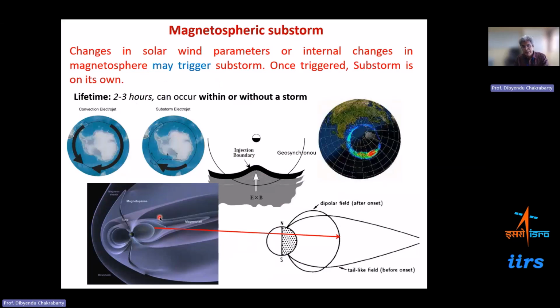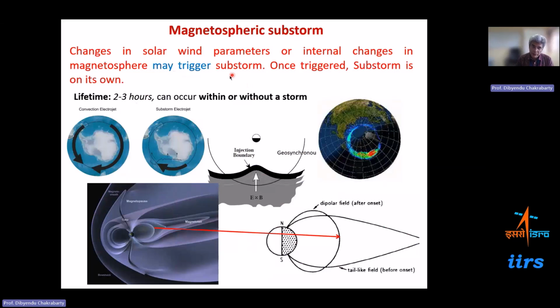A storm only deposits the energy, but when and how much of that energy is to be released, the magnetosphere decides. Solar wind parameters like density or velocity change, or magnetic field change, can only trigger the substorm, but they cannot control it. So a substorm is a process intrinsic to the magnetosphere.